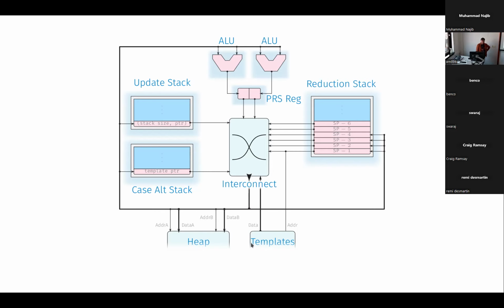So the template memory, the code memory here, that's going to be storing an entire let expression in one entry. So somewhere in the order of 300 bits or so. For the heap, we're storing entire wide applications, and for our stack, we can access the top n simultaneously.